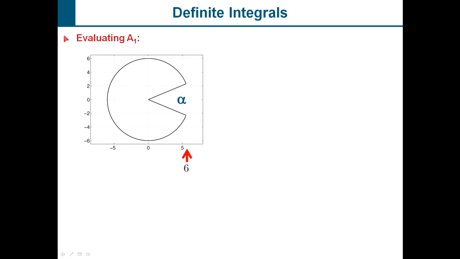Let's turn to the evaluation of A1. It is relatively straightforward to find the area of the circular sector even if you don't remember the formula. In fact, the area is to the internal angle of the sector, as the area of the entire circle is to 2 pi.